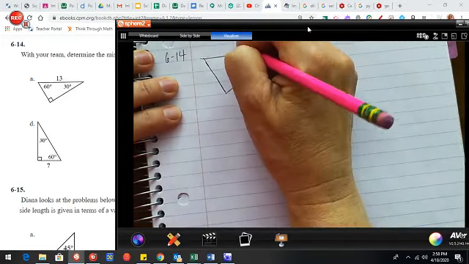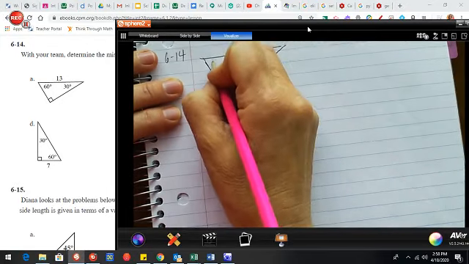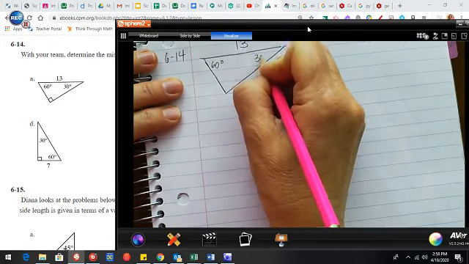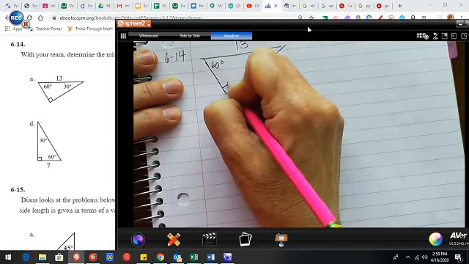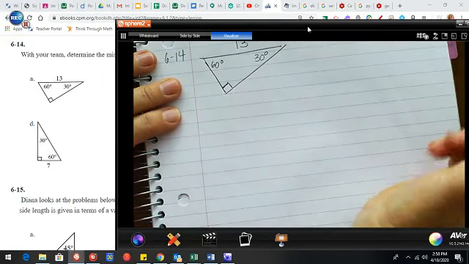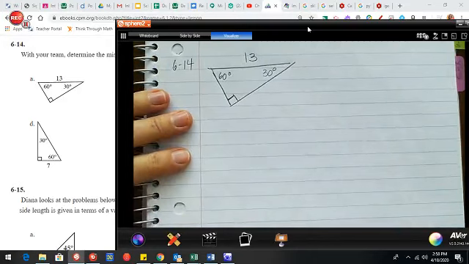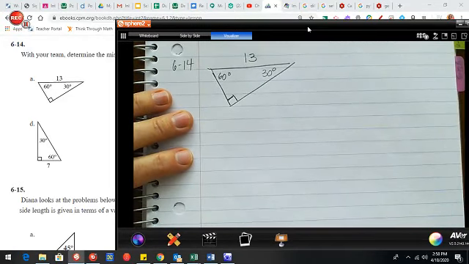We have a hypotenuse of 13. We've got a 30, 60, 90 triangle. So this is probably not a triple. We're just finding the missing sides.